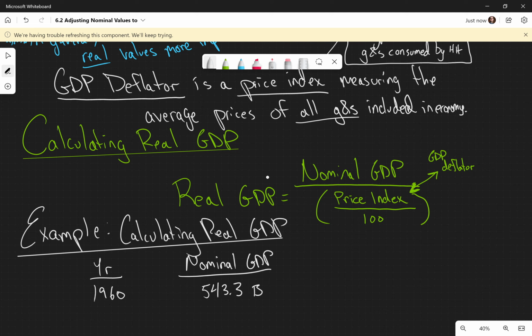We were told that the GDP deflator, which has a base year of 2005, so that means that 2005 is going to equal 100. So we're told that the GDP deflator for 1960 is 19.0.